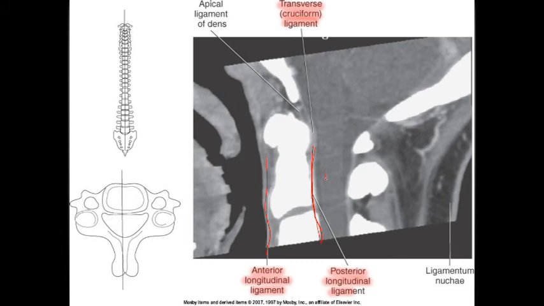We do have the vertebral canal, spinous process, C1, C2, C3, and then we have the anterior arch being here, and the odontoid process being next to the anterior arch, and then we have this, which is the transverse or cruciform ligament, which keeps the odontoid process from moving to the posterior portion or the posterior arch.